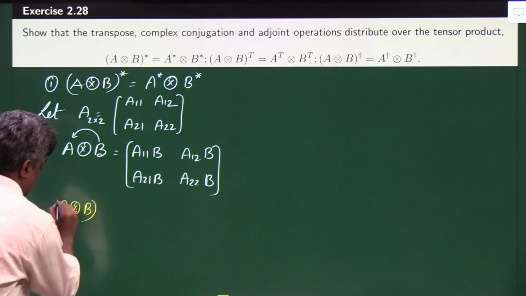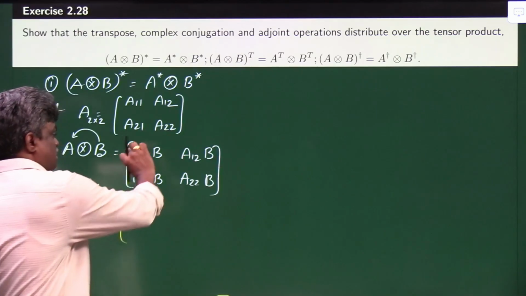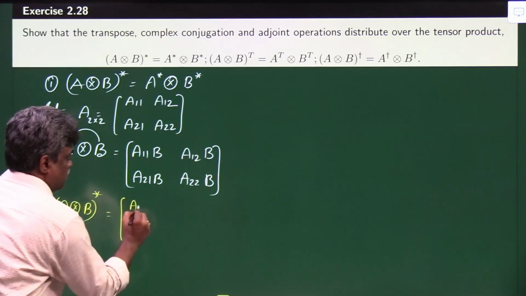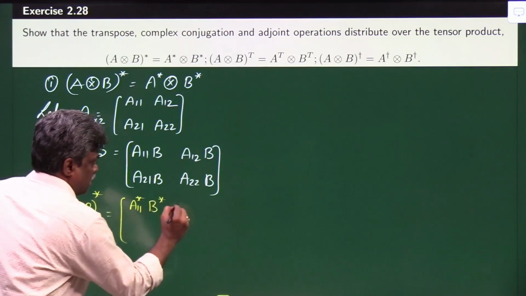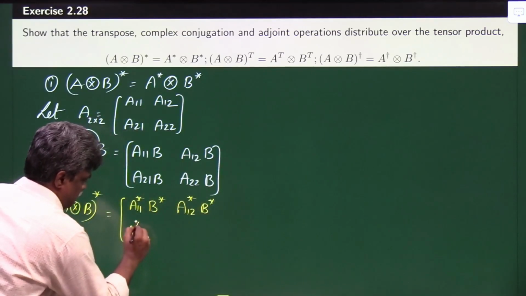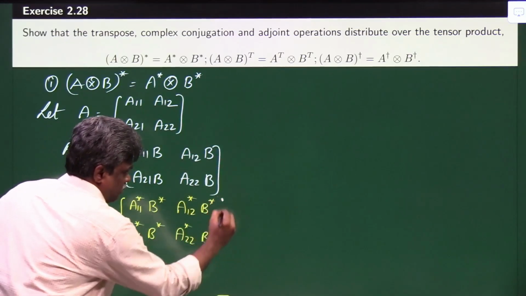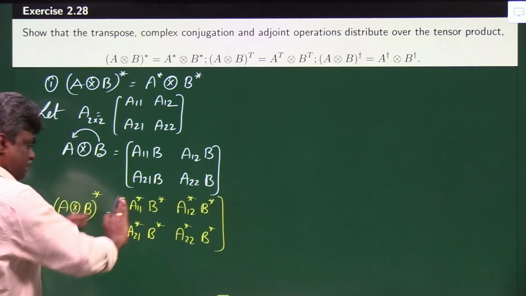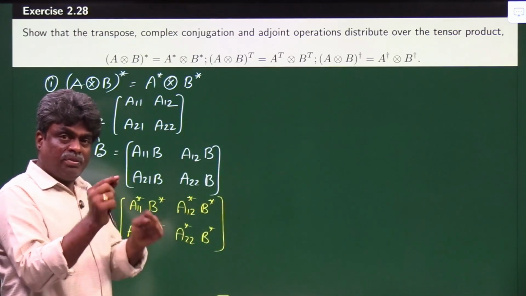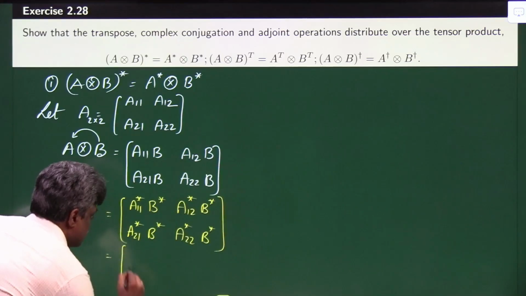A tensor B, just a complex conjugate, nothing else. It's just complex conjugate, no transpose. You just apply to each and every element a complex conjugate. That is A11 star, B star, and A12 star, B star, and each and every element please take a complex conjugate. Now again I can write this as a tensor product, because here every element of this matrix is multiplied with the B star. So that's why again I'm using that technique.